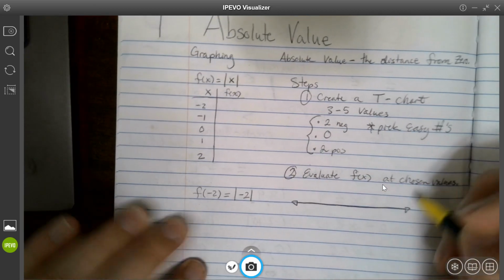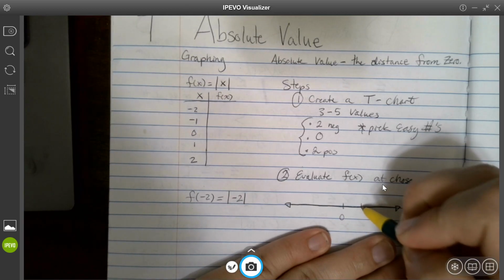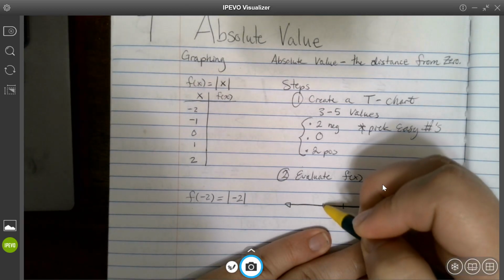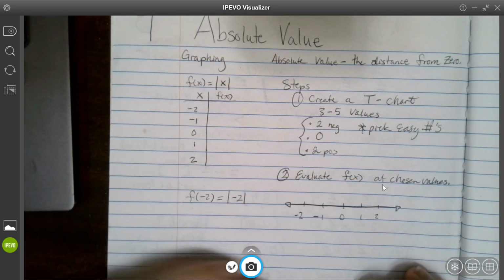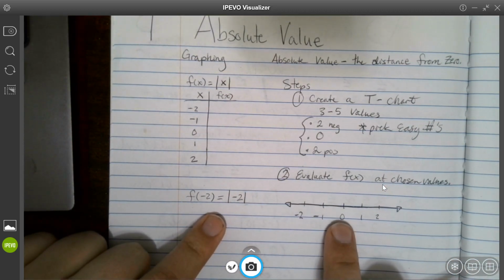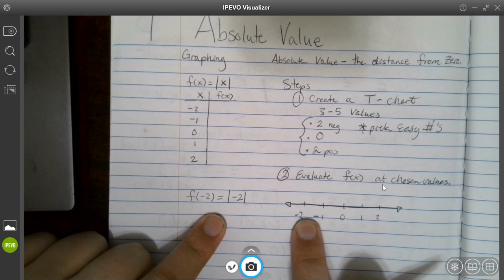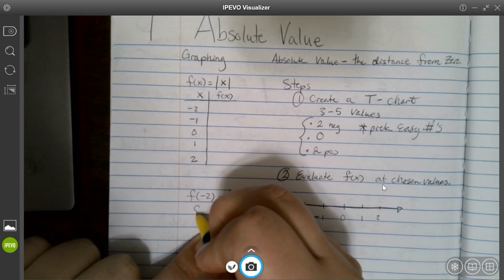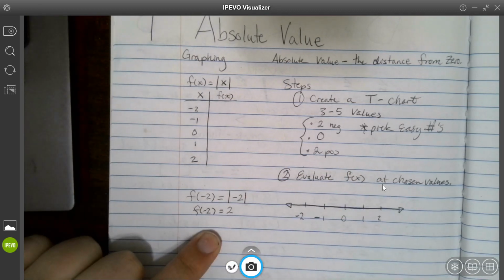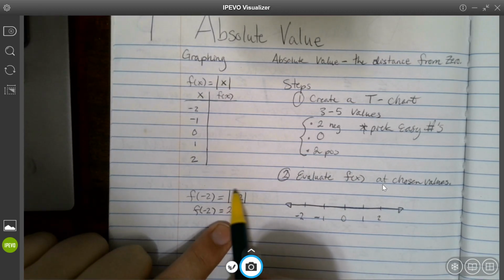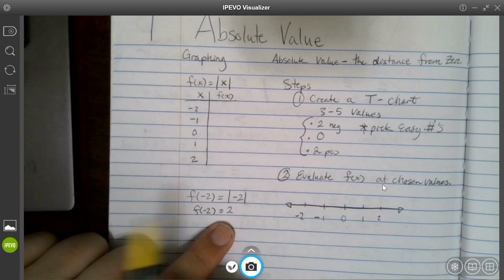I'm drawing a number line just to help you visualize. How far the distance, if you drove from 0 to negative 2, you are 2 units away. So this takes whatever's inside and brings out a positive.